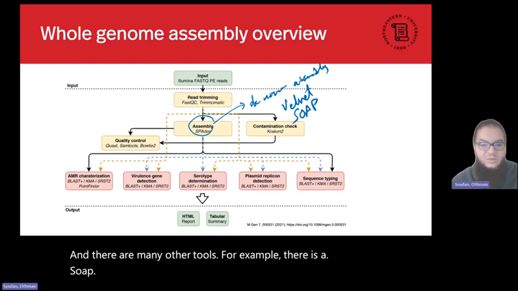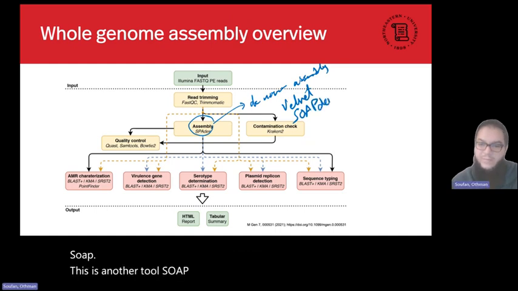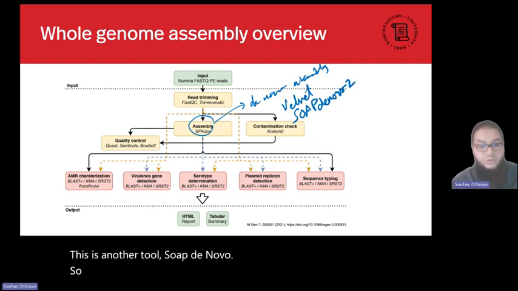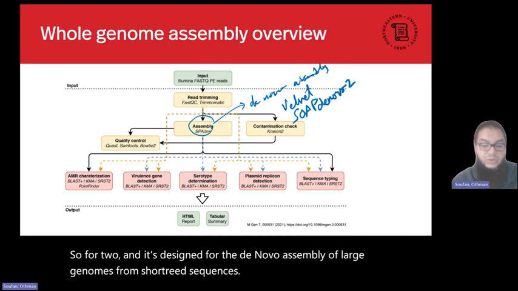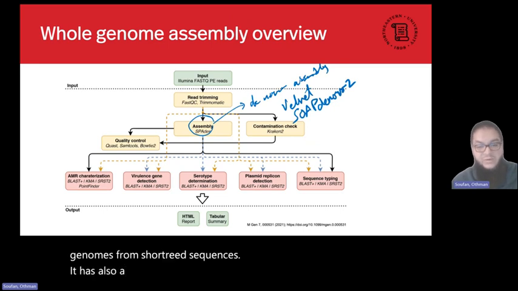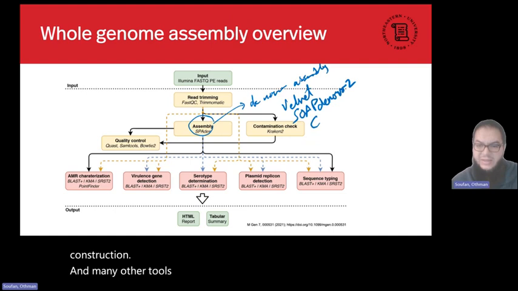This is another tool, SOAPdenovo2, and it's designed for the de novo assembly of large genomes from short read sequences. It also has interesting modules for error correction and scaffold construction. And many other tools. Okay, there's CANU.